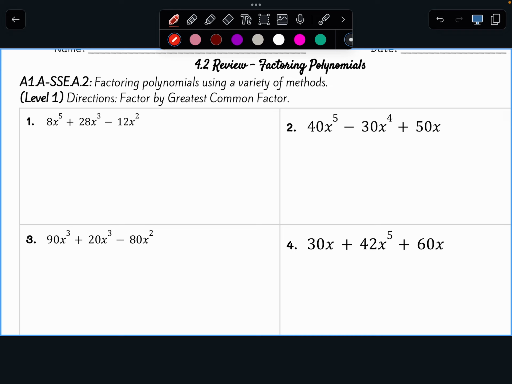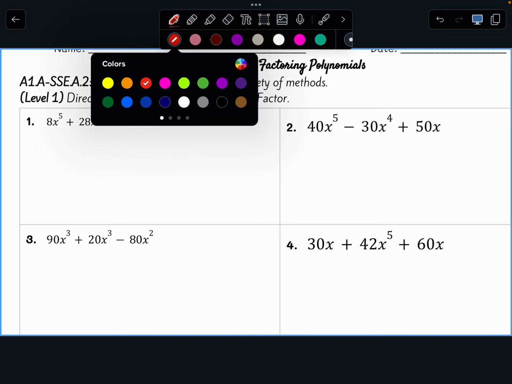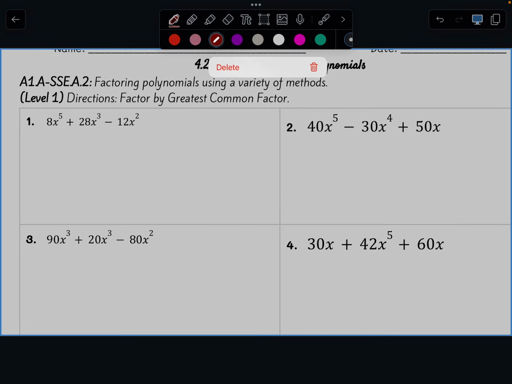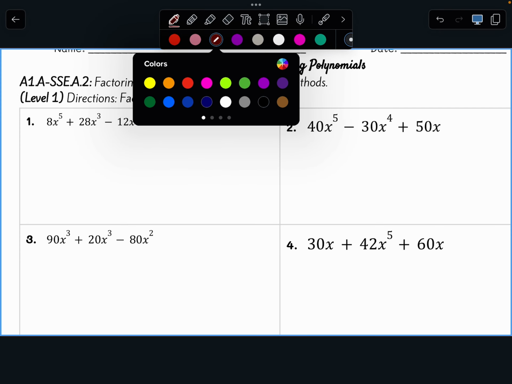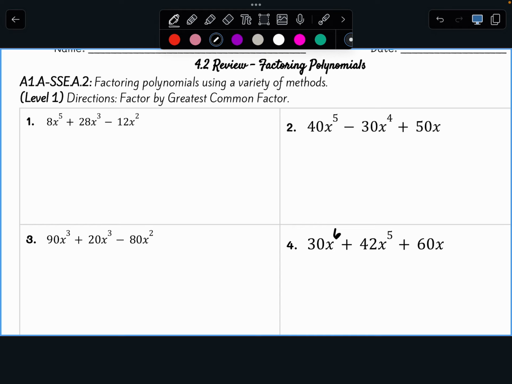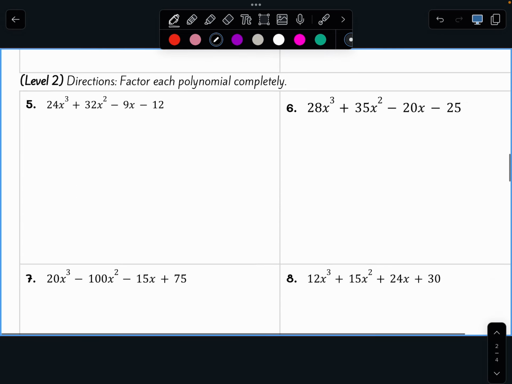I think on your paper, make a 6 here and a 4 here. I think they made a mistake when they were typing this up. So some of these are greatest common factor, and some of these are grouping.